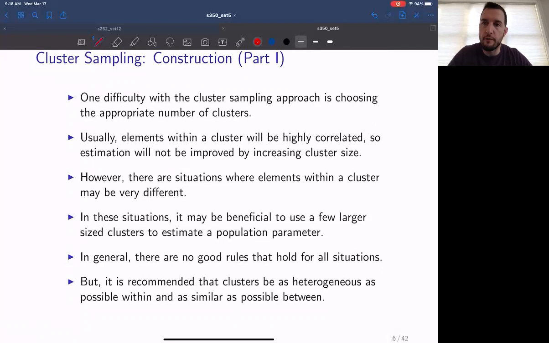But the rules for constructing the clusters are very similar to the rules that we use for constructing strata. So you'll notice in point 2 here, we would like the elements within the cluster to be highly correlated, and we would like the elements between clusters to be very different.